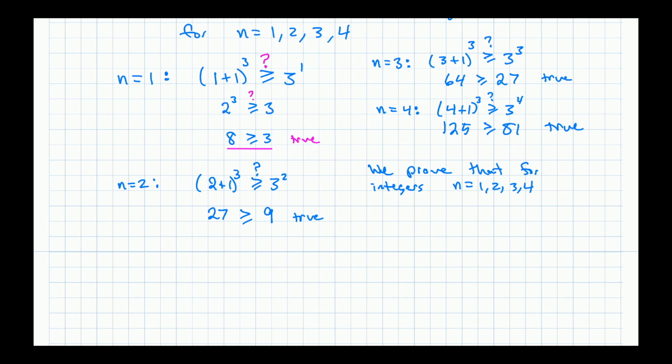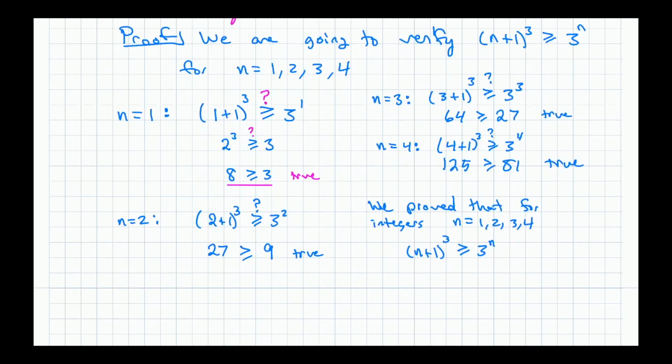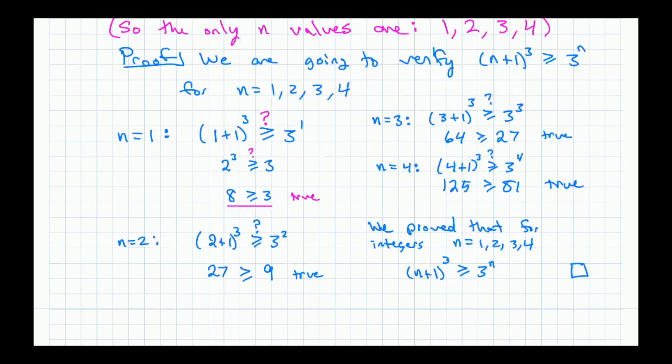So we proved that for integers n equals 1, 2, 3, and 4, n plus 1 cubed is greater than or equal to 3 to the n. Is that it? Yeah, that's it. And that completes our proof. All right. And that's what an exhaustive proof is. You just check. So there it is. So we just did an exhaustive proof.